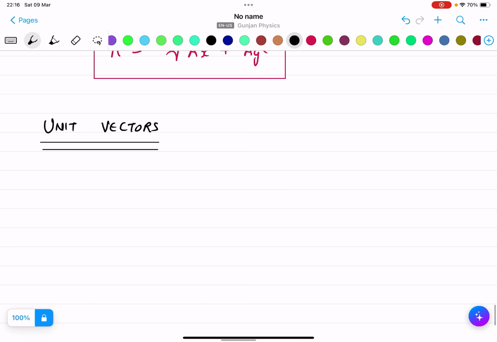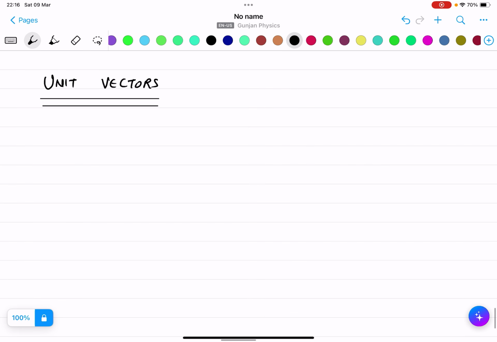Okay, so for calculating the unit vectors, we are talking about 2D and 3D here. When I'm talking about 2D, I will include i and j, and for 3D it is i, j and k.